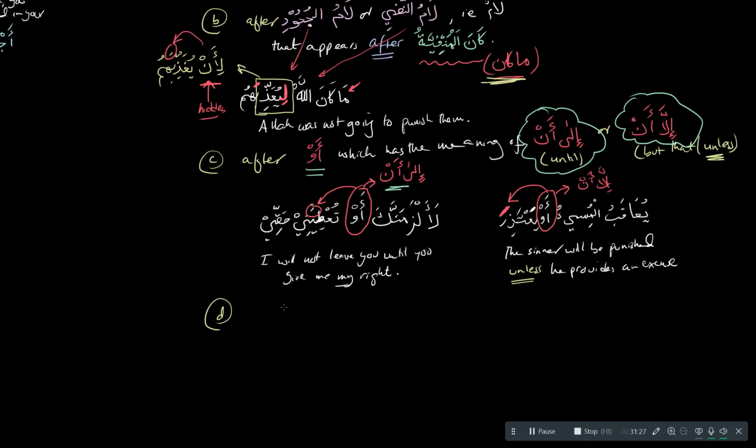Number D. This is after waw al-sarf. After waw al-sarf is very interesting. What does that mean? After waw al-sarf, that is the waw which turns away.